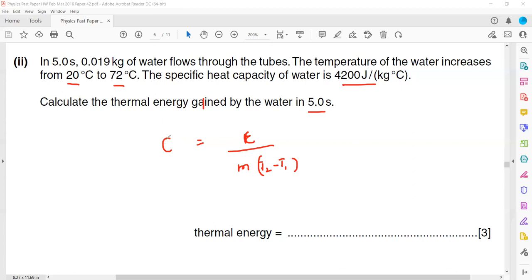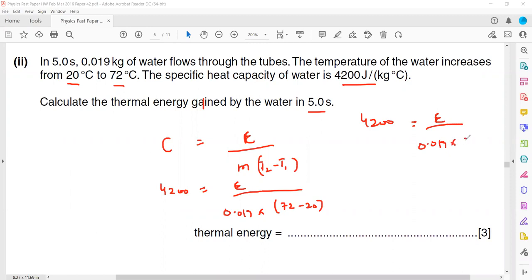So specific heat is how much? The specific heat is given, 4200. E is the energy which we are finding. M is the mass, which is 0.019. And for temperature change, it is always greater minus smaller. So it is 72 minus 20, which is 52. So 4200 equals E divided by 0.019 times 52.